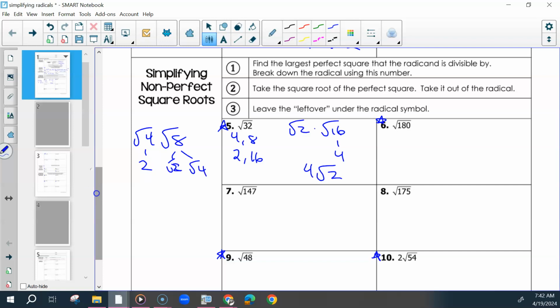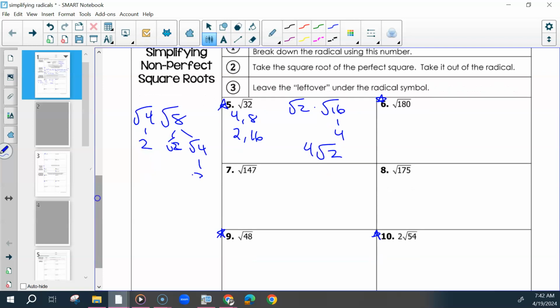So again, we know the square root of 4 is 2. So I'm going to multiply those two together and leave this inside the square root. You get the same thing, it's just a longer process. Whichever one you feel more comfortable with, you could do that.